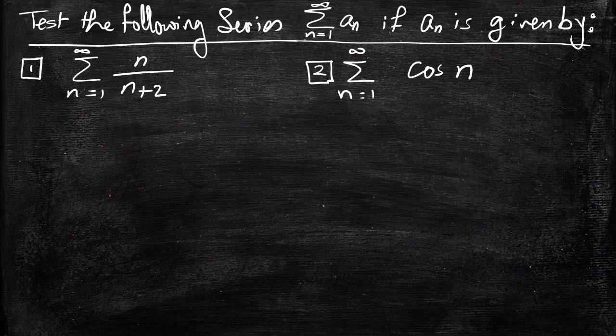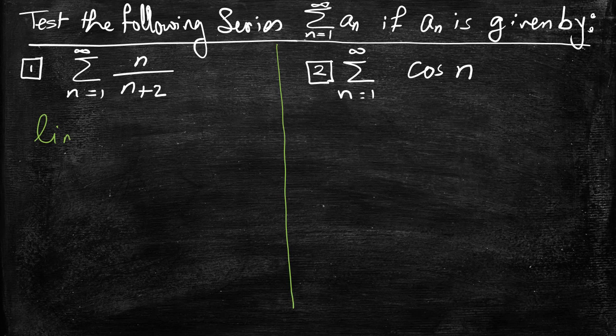Let's try to test the following series. We have multiple examples, and please focus with me here to move through them very quickly. So a_n here is given as n over n plus 2 for the first example. To test this one, the easiest is the first test, which is the nth term or the divergence test.